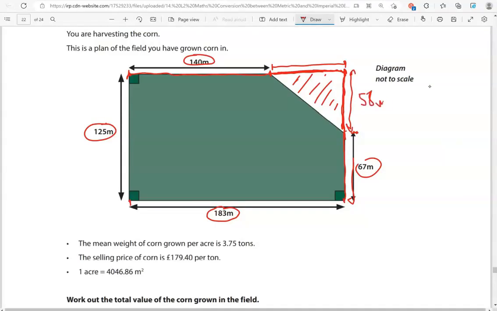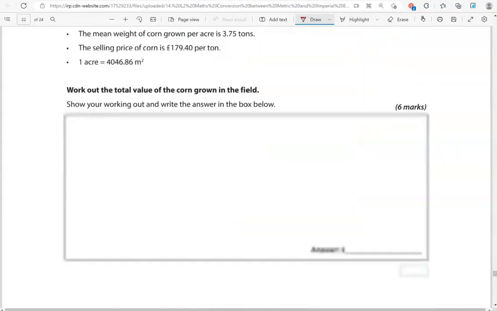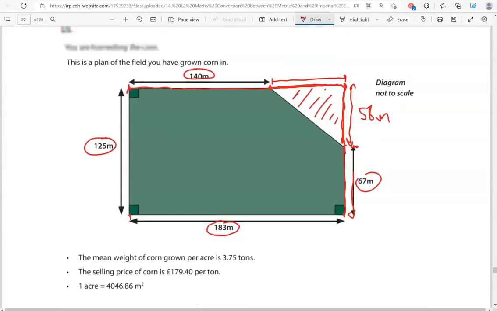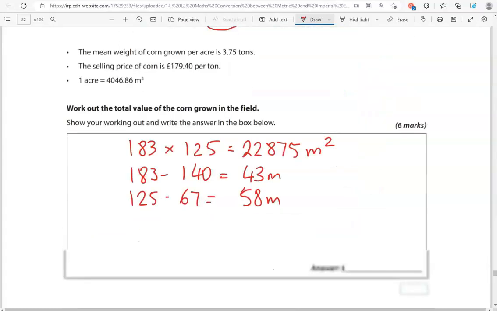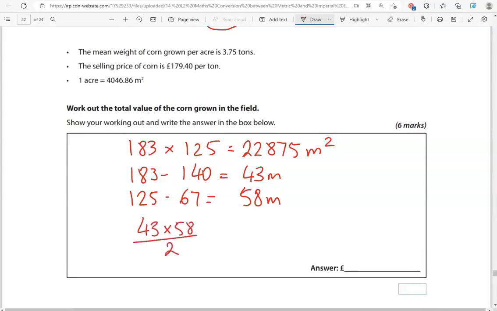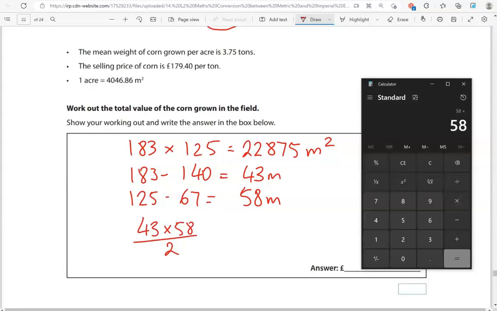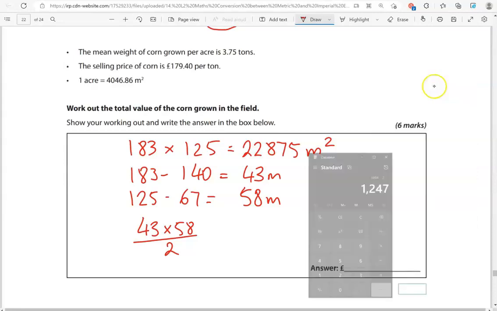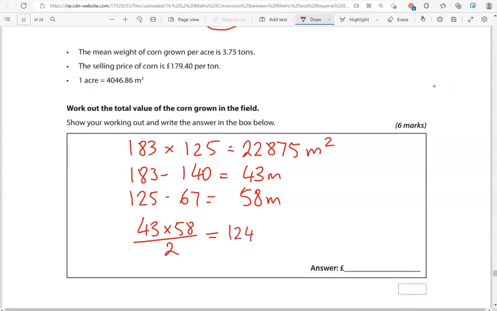So 58 meters and 43 meters. So we'll do 43 times 58 divided by 2, which is 1,247 square meters, which is the area of the triangle.